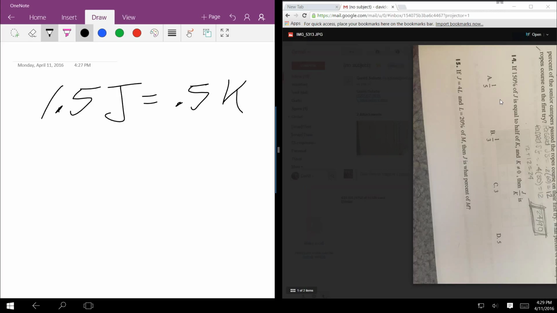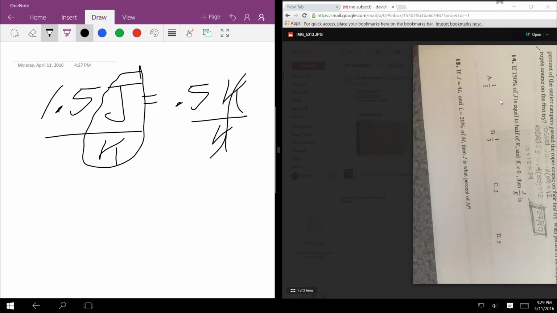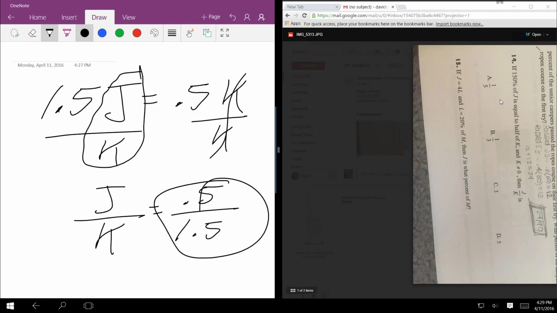In other words, the first step, I'm going to divide both sides by k. Now that gets rid of that, and now I almost have j over k. I got 1.5 times j over k, so how do I get rid of the 1.5, so that I'm left with precisely j over k? Divide by 1.5. So you got 0.5 divided by 1.5. What's that number?